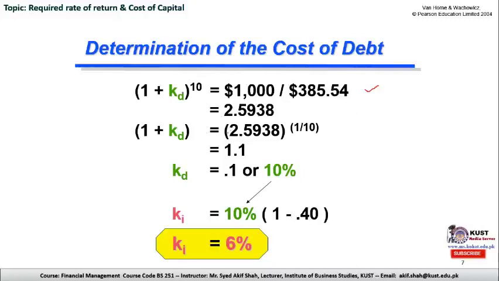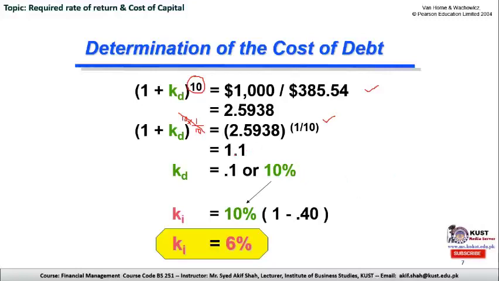The resultant value comes up to 2.5938. In order to remove this power from the left hand side, we have to raise both sides to the power 1 over 10. So if we do this at both sides, automatically the power 10 will be cut off from the left hand side, and it will be mentioned at the right hand side as 2.5938 raised to the 1 over 10th power.